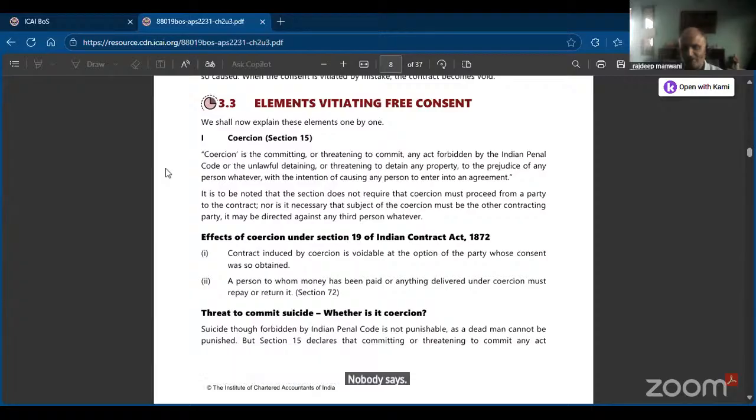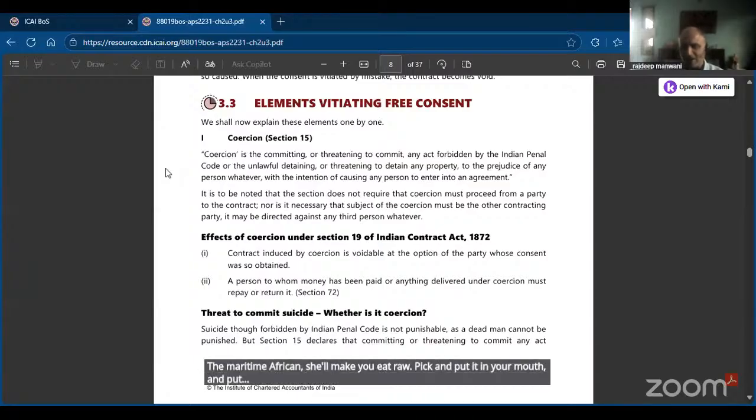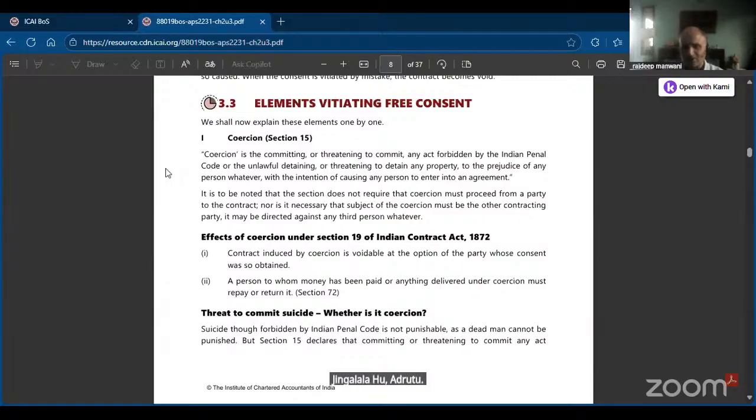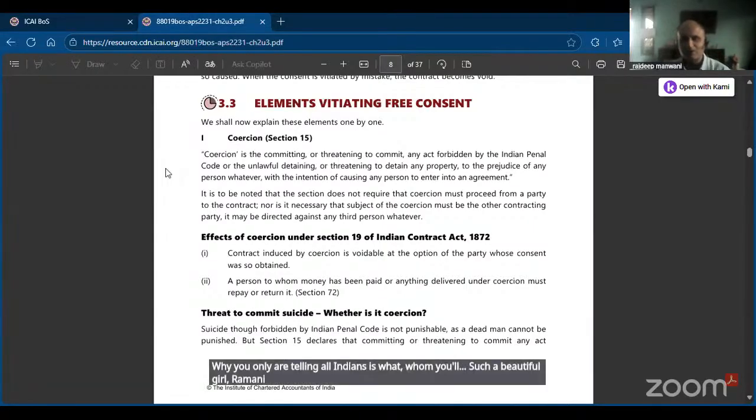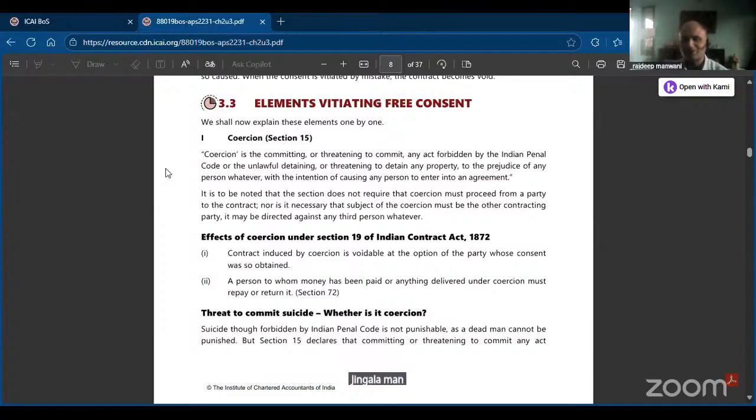You marry one African, she'll make you eat raw pig and put it in your mouth. Why, sir? Why are you telling all Indians this? Such a beautiful girl, Ramani. You're leaving Ramani and going for some sister, Jingalala, sir, money.